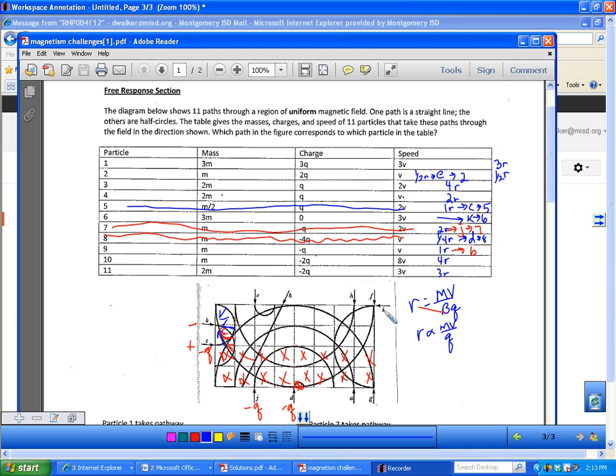I'm going to make sure that I have it a positive charge, so I point my fingers into the page, my thumb points to the left, and my palm is facing so that it'll drive the particle in this type of circular pathway. So I know that that's a positively charged particle. So if the radius is 2r, that's pathway I, and that means that pathway I is taken by particle 4.